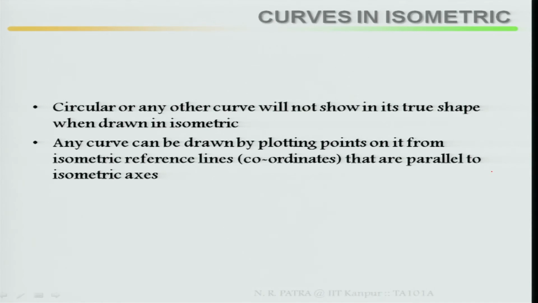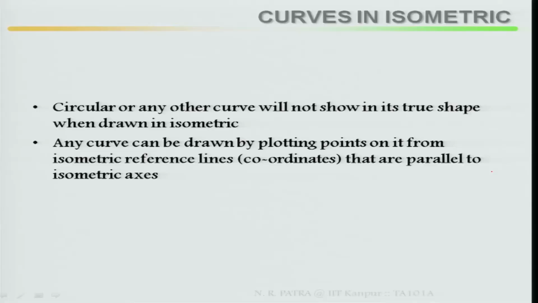Any curve can be drawn by plotting points on it from the isometric reference line. Remember, the way I explained, from the top view or side view or front view, mark the points on any curve, mark a number of points 1, 2, 3, 4, 5, then they can be projected back, or based on their coordinates you can project them on the isometric box, then it can be drawn very easily.